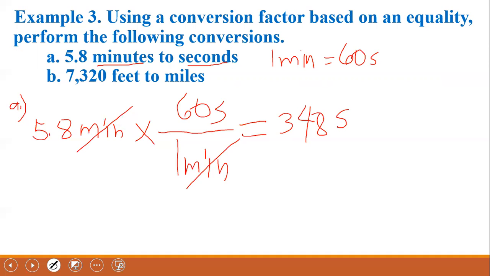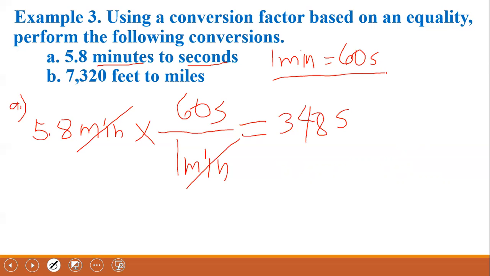So 5.8 minutes is equivalent to 348 seconds. Both the 60 and the 1 are exact numbers as they are found within a measured equality.